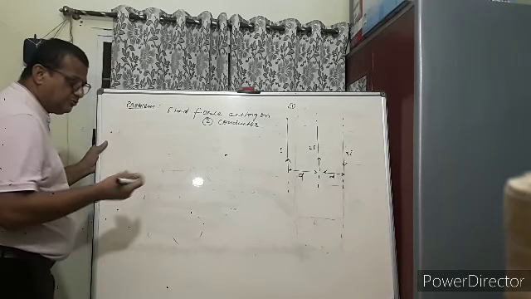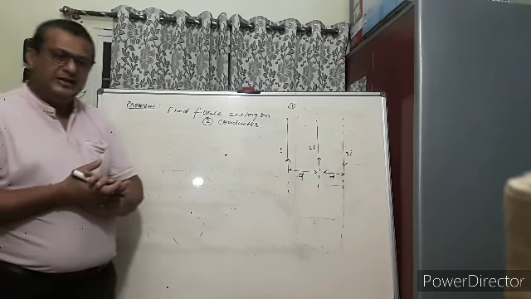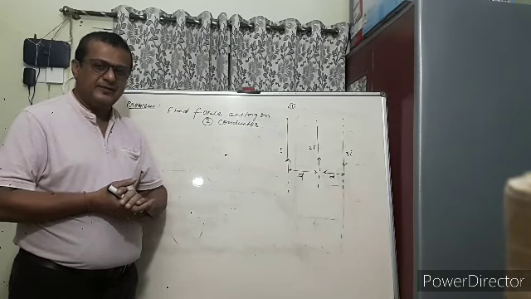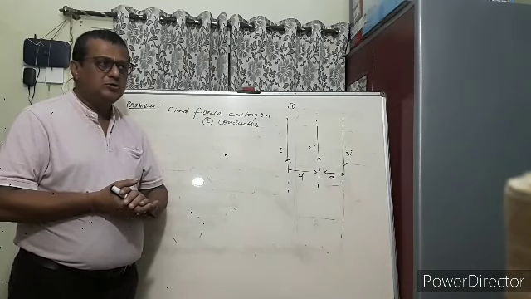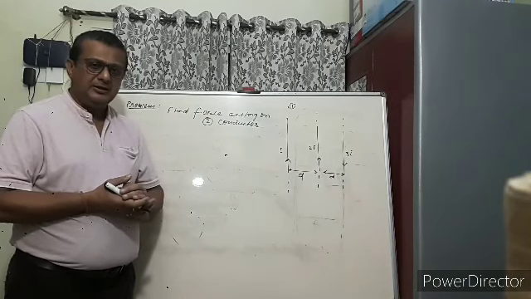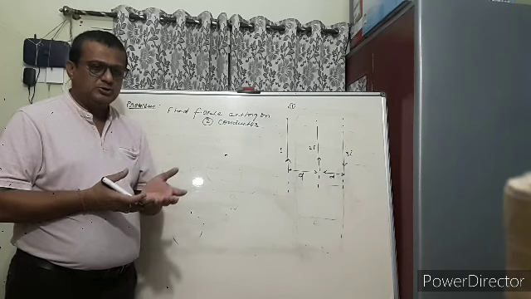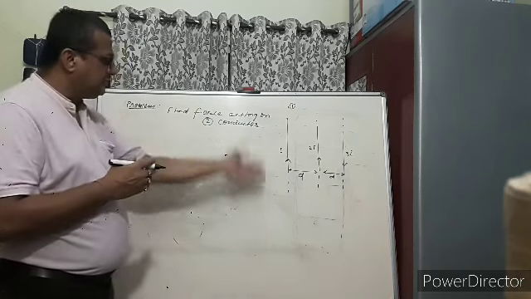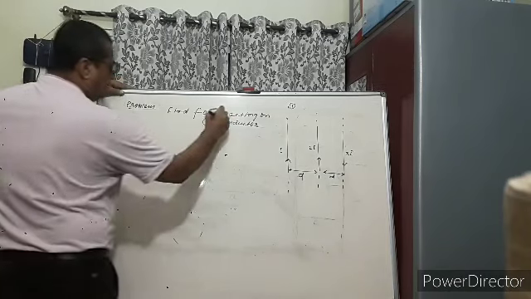We have just seen that the force acting on a conductor kept in a magnetic field is 2K I1 I2 by A. That force is per unit length because it is an infinite wire. So find the force per unit length.